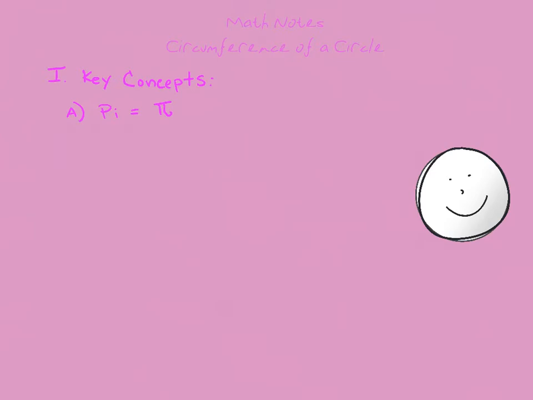This is a symbol for pi, very roughly. It's not perfect, but something like that. And it basically equals 3.141592.